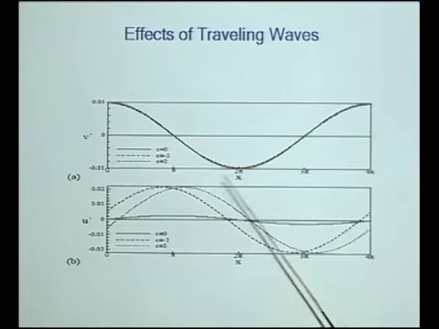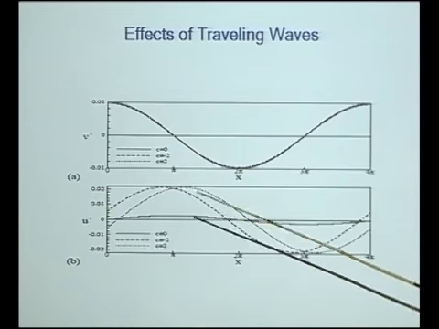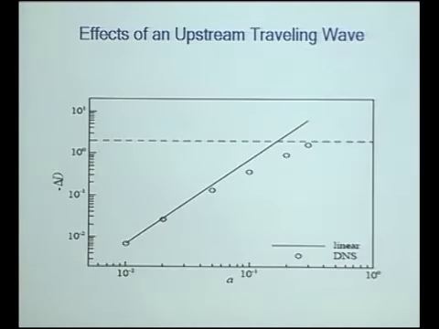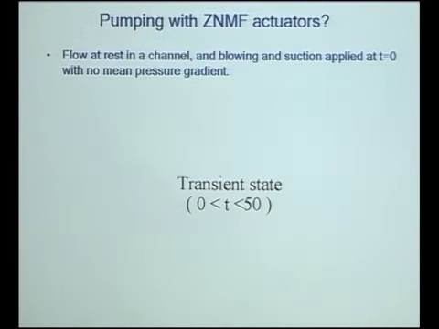In this case, u prime v prime will be positive, and then you can have drag reduction. If you examine the blowing and suction and u and v, you can show that a particular wave speed, in this case the upstream traveling wave, creates the positive Reynolds stress, and that's what we've seen.